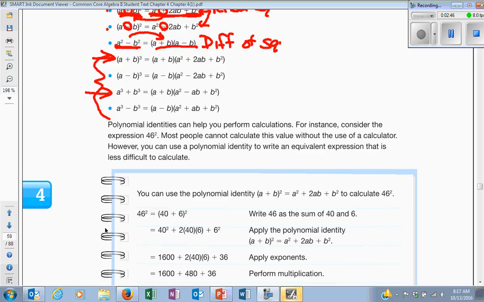This whole thing, a plus b, is cubed, whereas in this one, I have a cubed and then I have b cubed. What does this one actually mean? It really means a plus b times a plus b times a plus b.